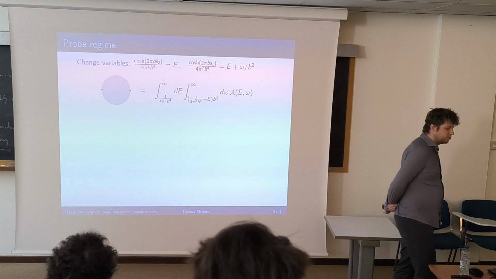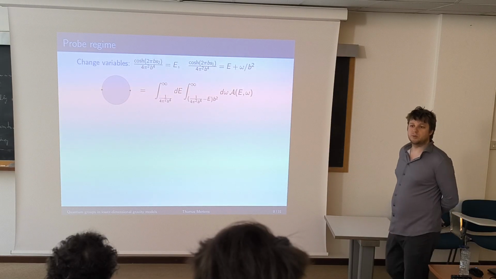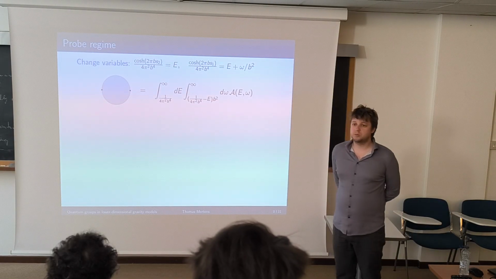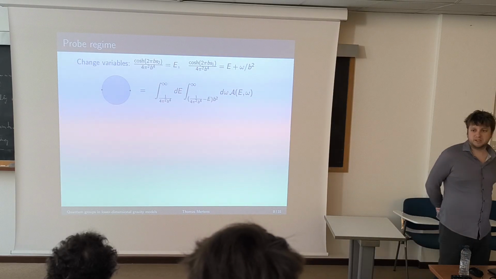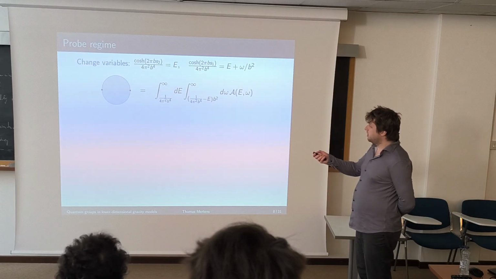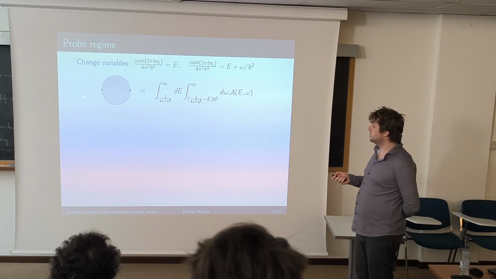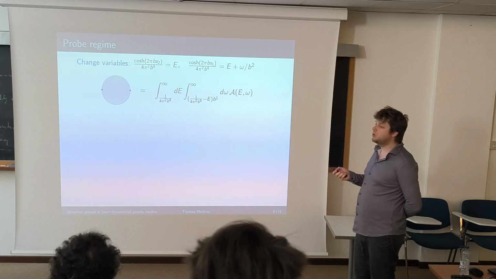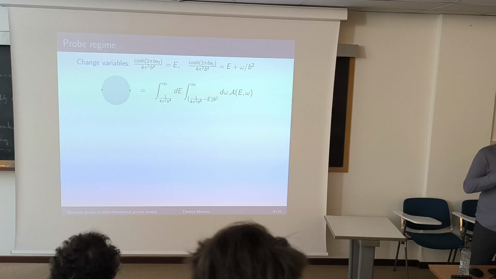So I don't want to look at the two-point function generically. I want to look at a specific regime where this corresponds in the bulk to a large black hole being slightly perturbed by a small energy probe that is injected and extracted from the system. And in order to implement this regime, or this limit that I'm interested in, I'm going to change variables. So I had my two energy variables on my previous slide in terms of s1 and s2, my integration variables.